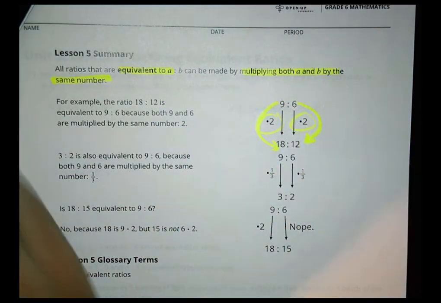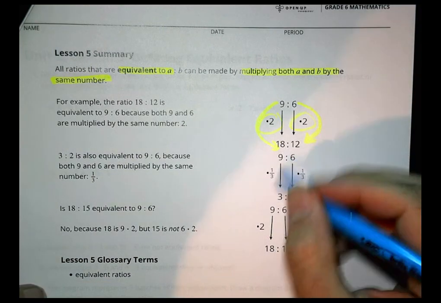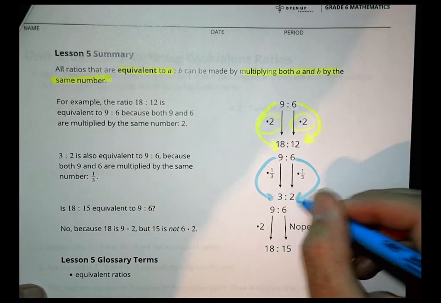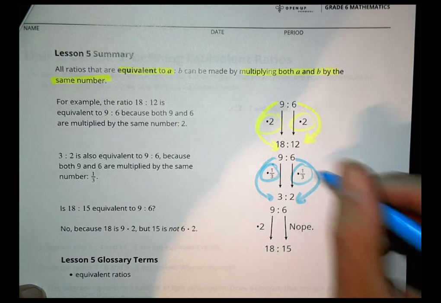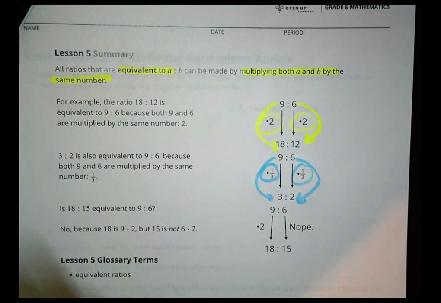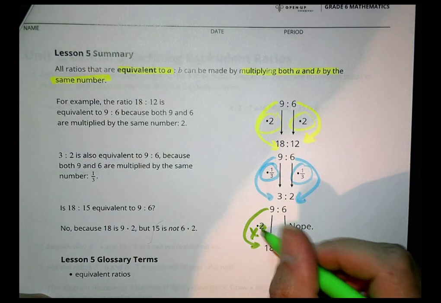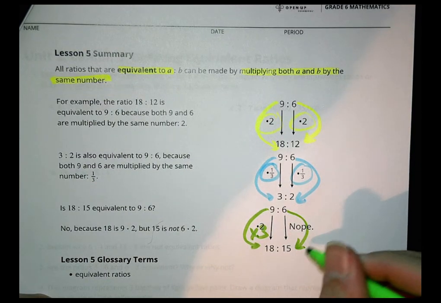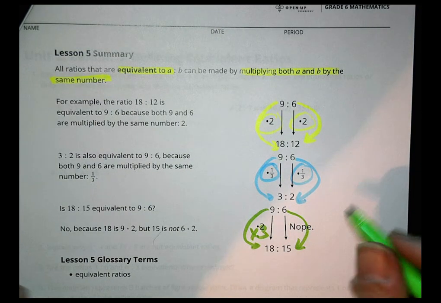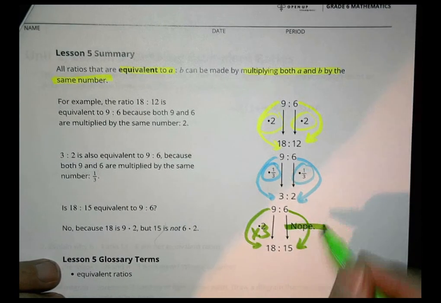Works out great. If I'm going 9 to 3 and 6 to 2, we can multiply by fractions, times a third. But when I look over here at this one, 9 to 18 is actually times 3, and 6 to 15 doesn't even work, so it's not going to work. That's a big old nope, not going to happen there.